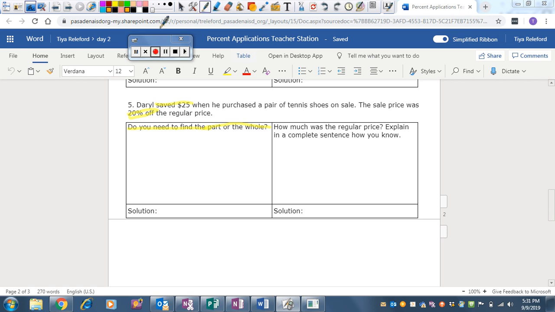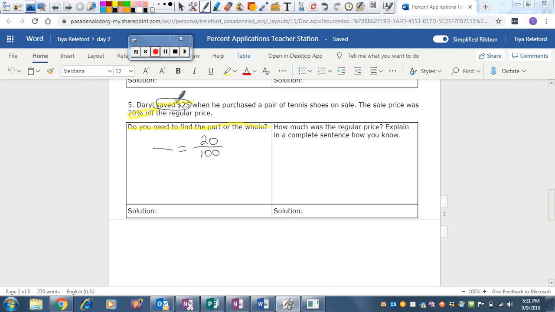Well, think about it. 100 and my percent is $25. Is that 100% or 20%? It says he saved $25.